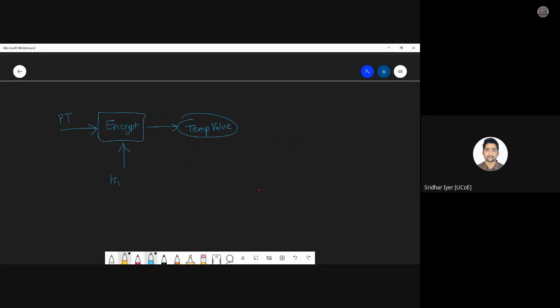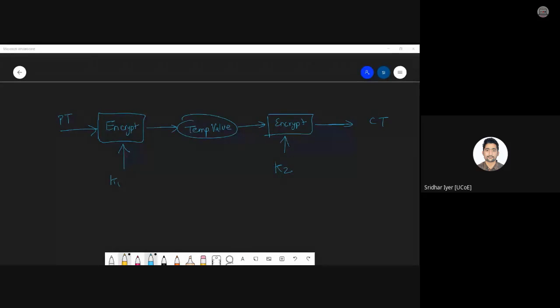In double DES, what happens? You encrypt this value again with your second key. Yes or no? And you will get the ciphertext. Simple. The same diagram only, I have redrawn it once again. Any confusion with this? Kindly let me know in the chat box. Yes, come on. Kindly be interactive as much as possible.